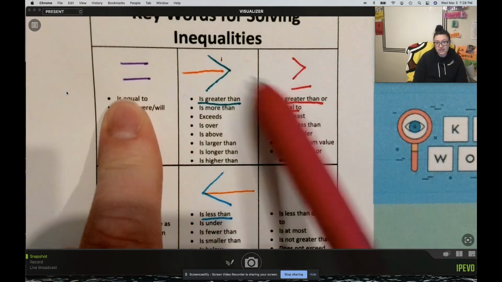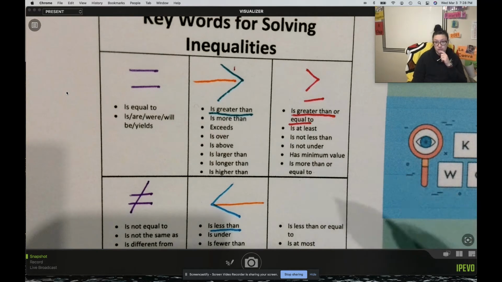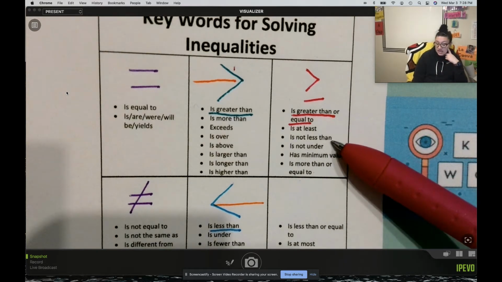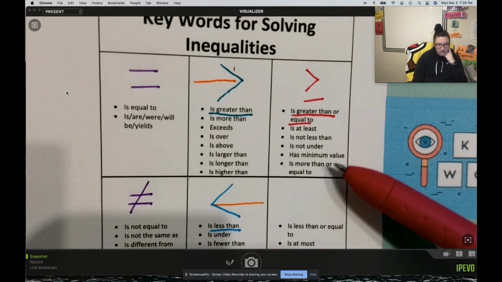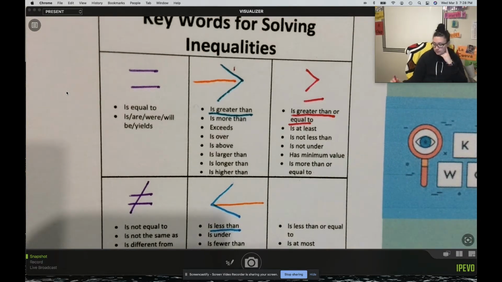One of those equal lines, it's like they had a baby. They put parts of each symbol together to show greater than or equal to. Keywords for that might be is at least, is not less than, is not under, has a minimum value, is more than or equal to. Those are all good keywords for greater than or equal to.